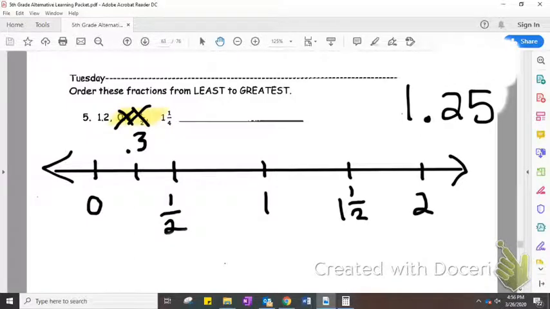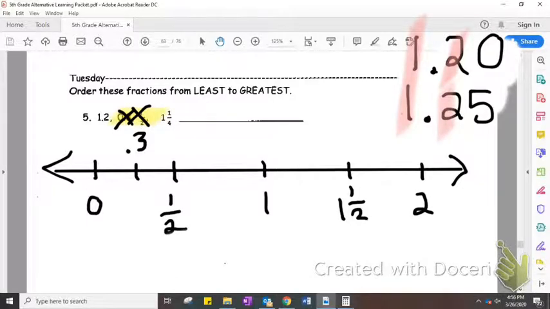So now we can compare 1 2/10 to 1 25/100. And it helps to go one place value at a time. Start with the whole. 1 and 1 are the same. So now let's go to the 10th place. 2/10 is the same as 2/10. Still the same. Let's go to the next place value. 0/100 versus 5/100.